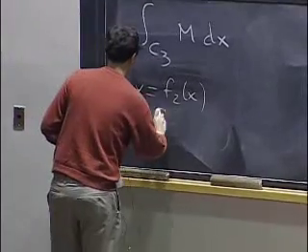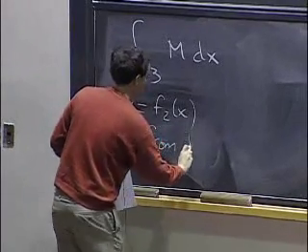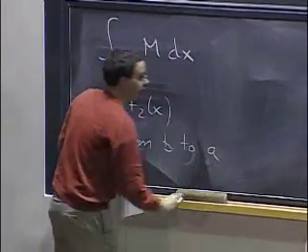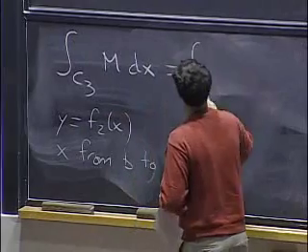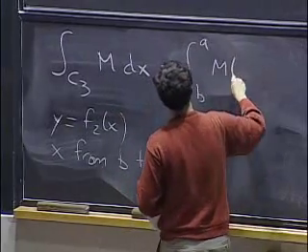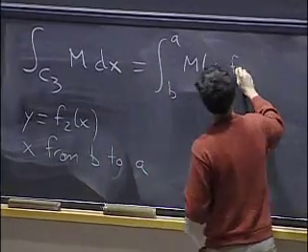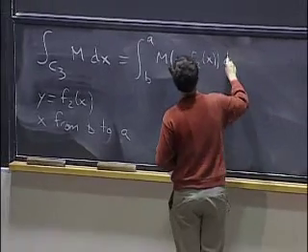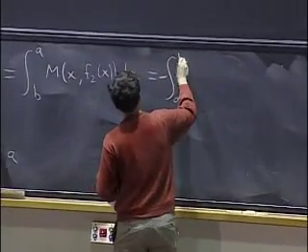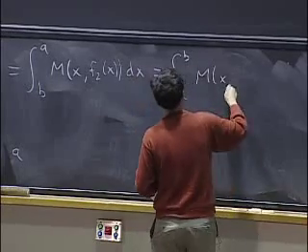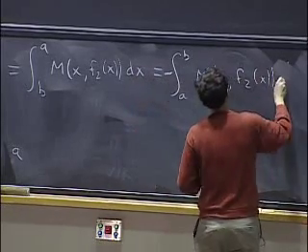And so we're using as our variable x, but now x goes down from b to a. So it will be the integral from b to a of M of x and f2 of x dx. Or if you prefer, that's negative integral from a to b of M of x and f2 of x dx.